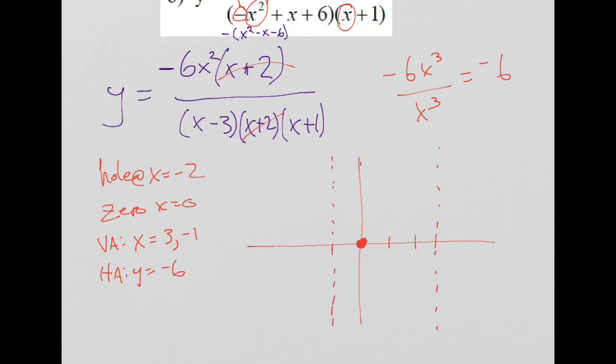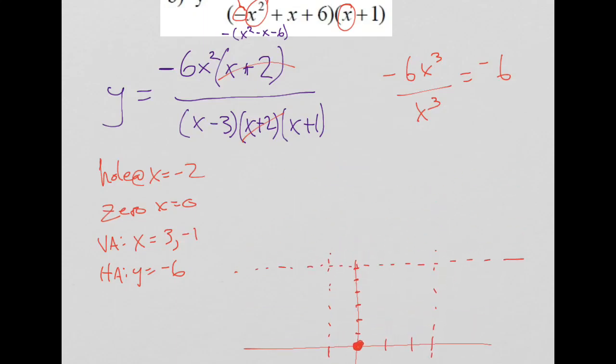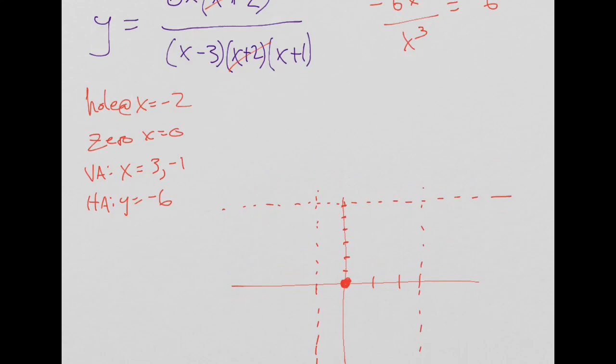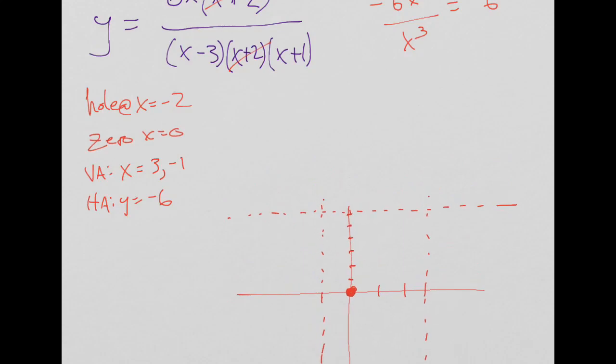And I have my horizontal asymptote at, I'm going to go 1, 2, 3, 4, 5, 6, going across there. So I'm actually going to grab this whole thing and move it down a little bit so we can sketch this a little bit better, because now I can extend these lines and we can get a better shape to our graph.